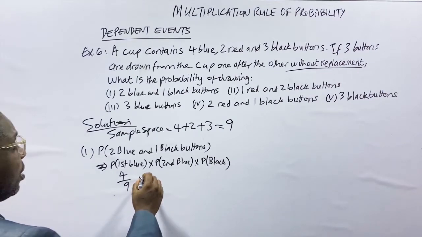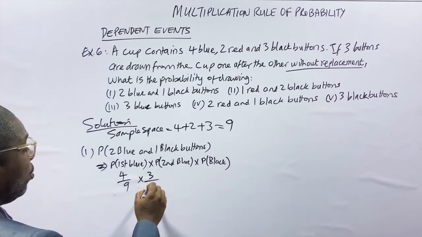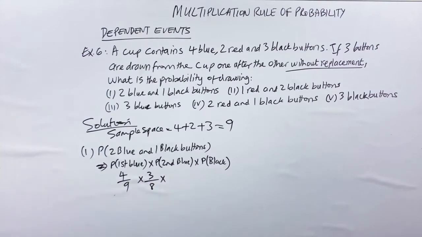So this becomes 3 all over 8 times, what do we have in the next case? We have the probability of the black button. So now, how many black buttons do we have?